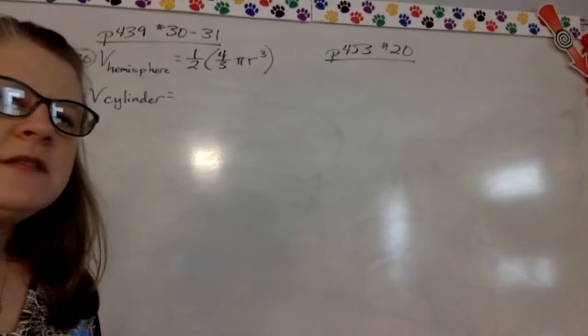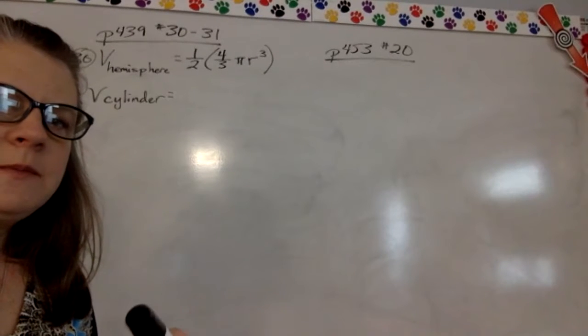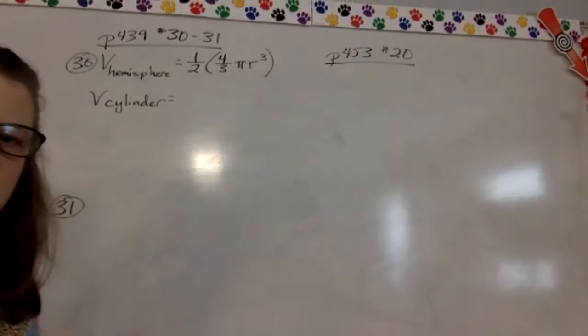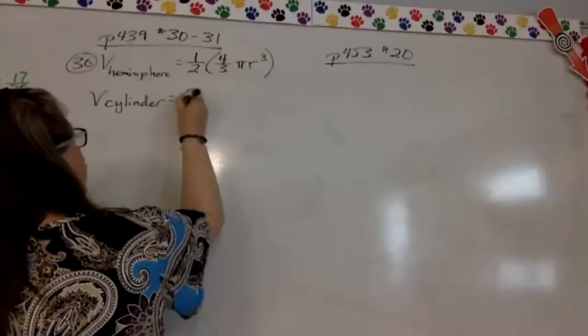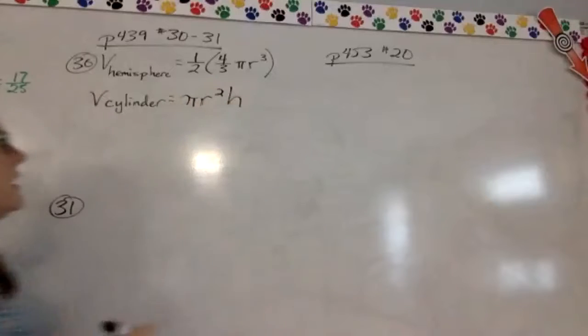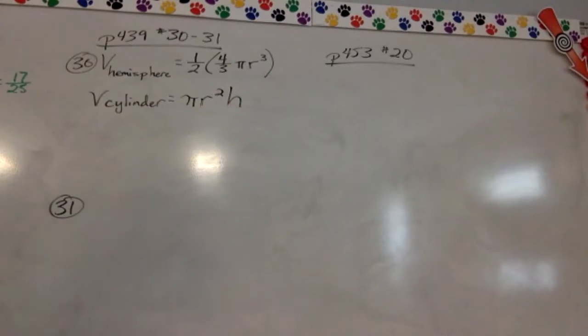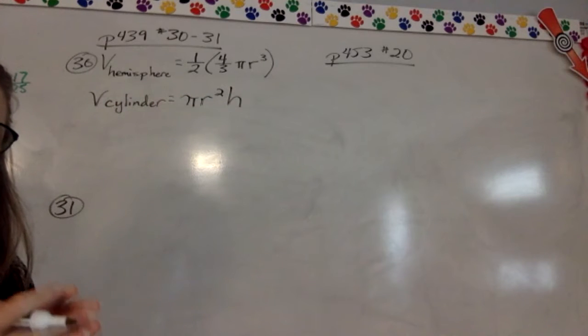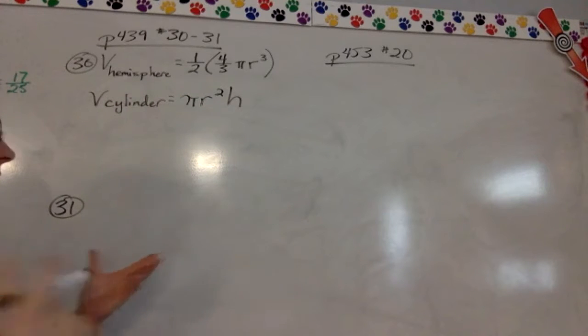So the base of a cylinder is what shape? Circle. So we have the area of a circle times the height. Those are our formulas. We're going to plug our numbers in and add these things together because we're looking for the volume of the whole thing.